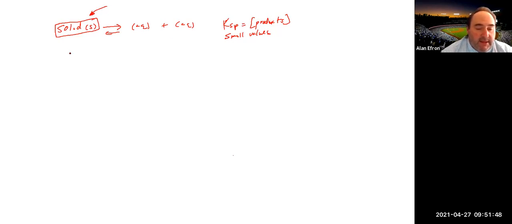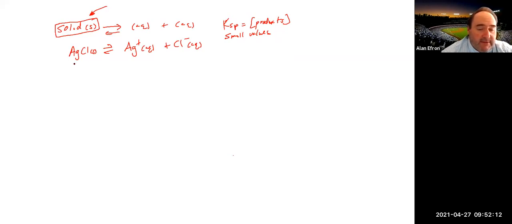Take something like silver chloride, something that we typically think about as being an insoluble solid. Even though, as we talked about last time, something is listed as insoluble based on something like solubility rules, there is some degree of solubility with everything.